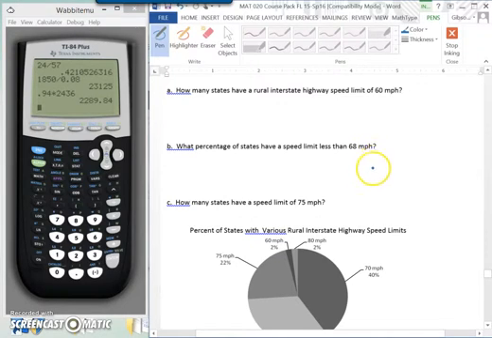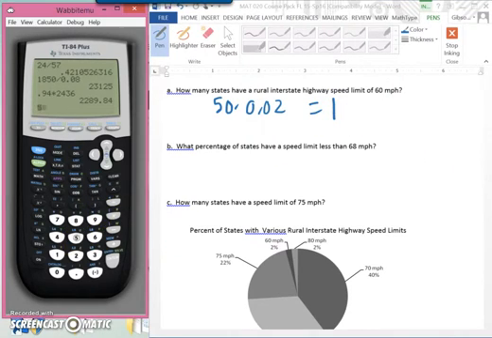It is 50 states. So, whatever we do here, we're dealing with 50 states. So we want a speed limit of 60 miles per hour. It says only 2% of the 50 states have a speed limit of 60 miles per hour. So you would take 50 times 0.02, which would give you 1.